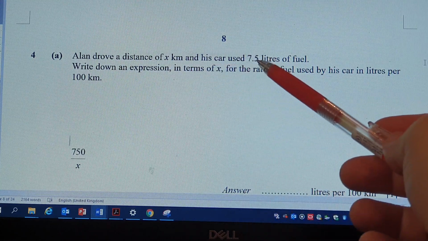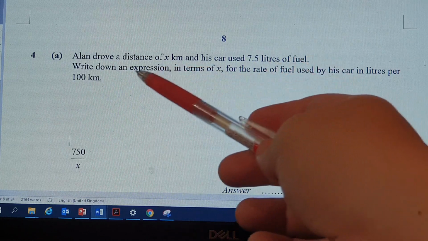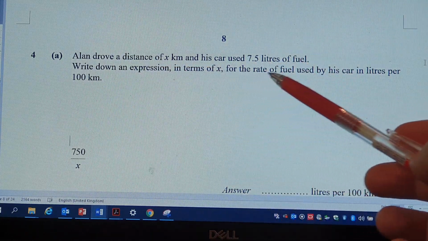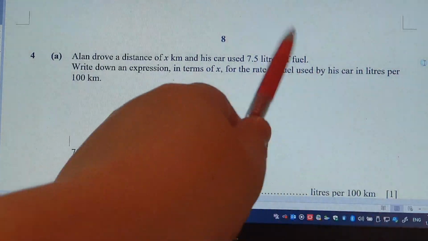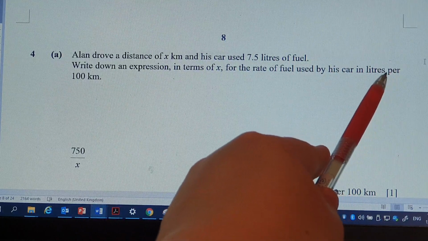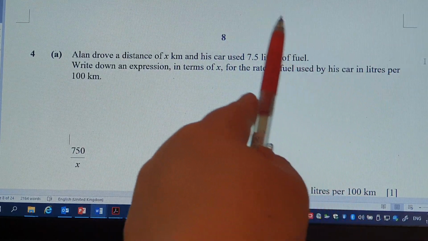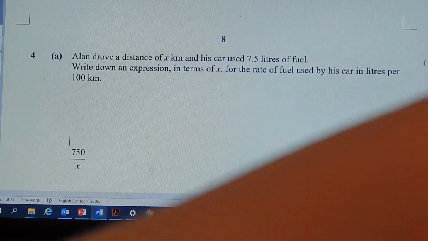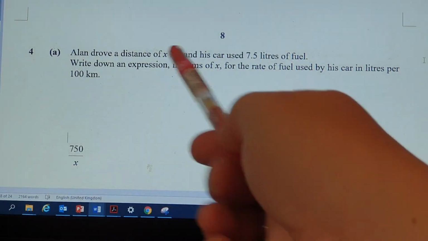Then he uses 7.5 liters of fuel. Write down an expression for the rate of fuel used by his car in liters. Per means divide, every 100 kilometers, right? So every 100 kilometers, I don't know whether you know what to do now.